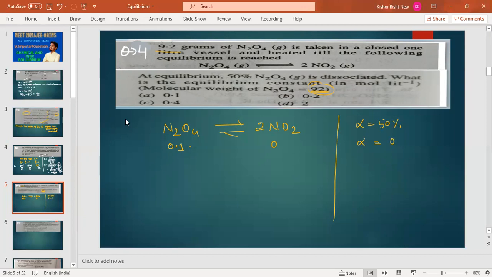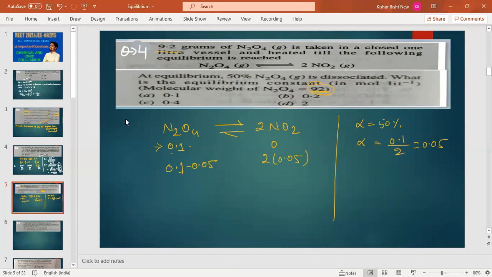So 0.1 by 2 means 0.05 is dissociated. How much is formed? 2 into 0.05, and remaining is 0.1 minus 0.05.